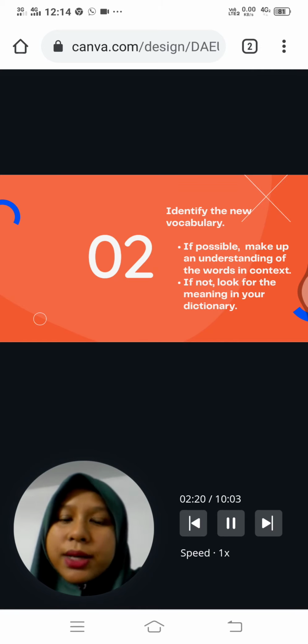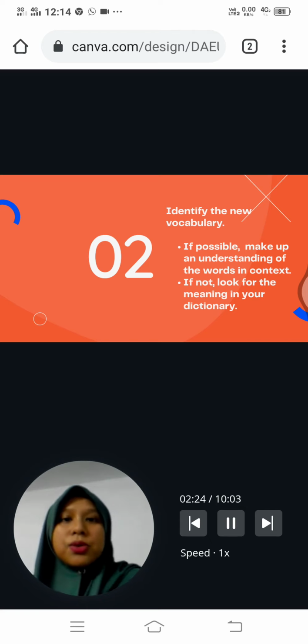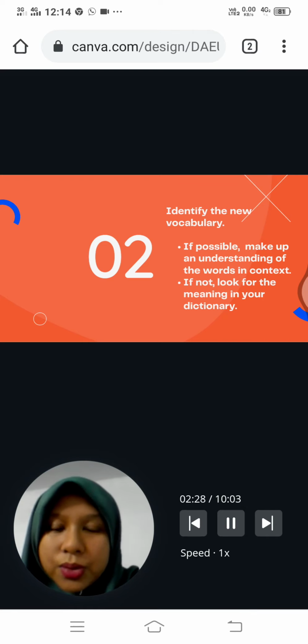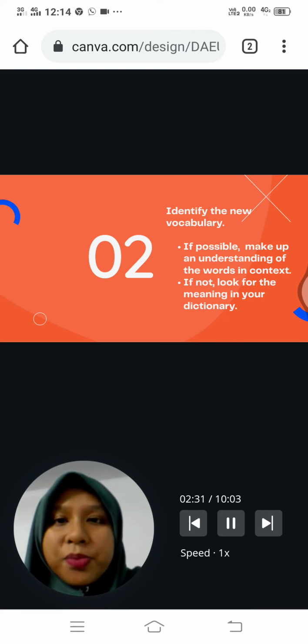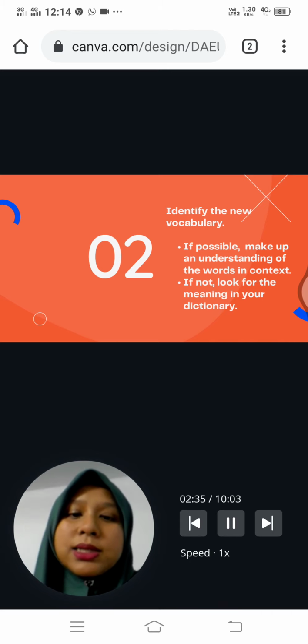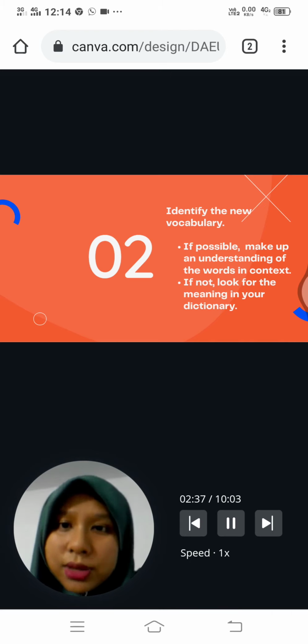After you read, you should identify new vocabulary for you. If possible, you should make up the understanding of the words in context.